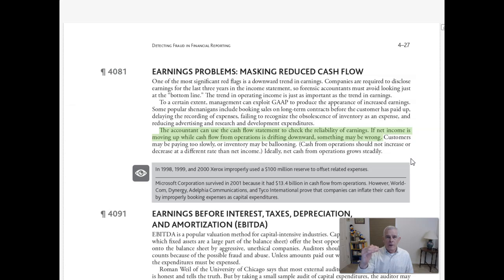Any one thing you might find doesn't prove anything. If you find, well, revenues are going up, cash flow is going down, that doesn't prove there's fraud. But that should show you we need to look at that area closer. Let's redesign some audit tests to try to determine why this is happening. Again, maybe fraud is present, maybe it's not. But if you see things that don't quite look right, you need to explore further.